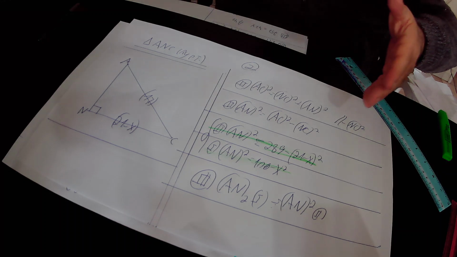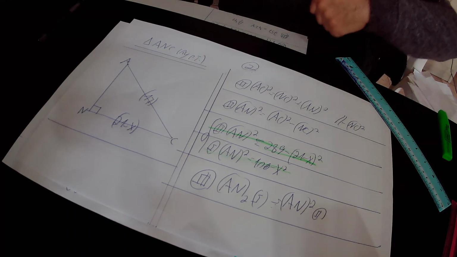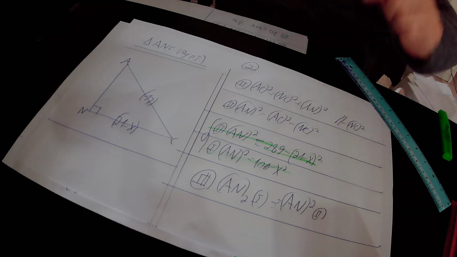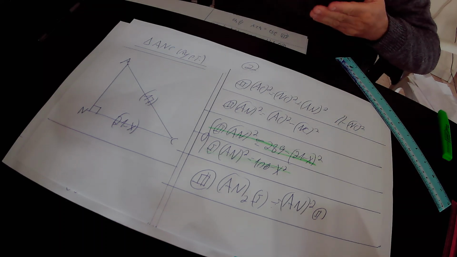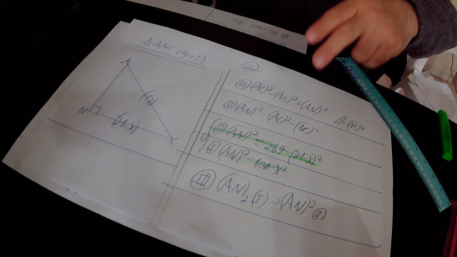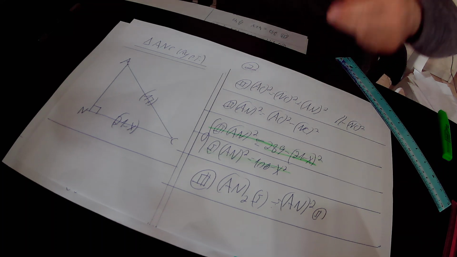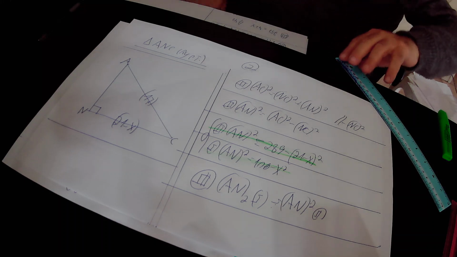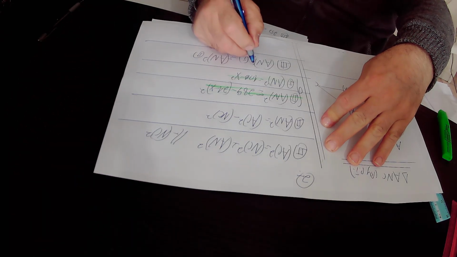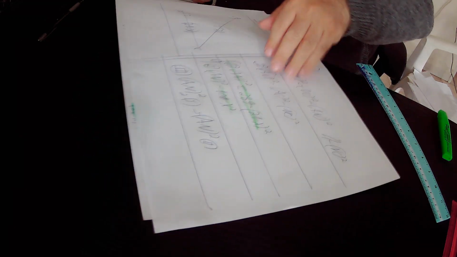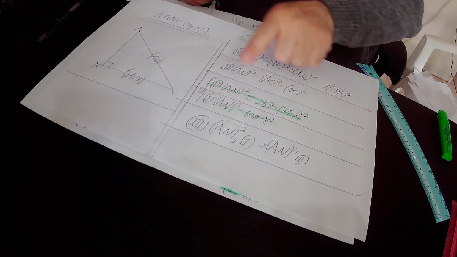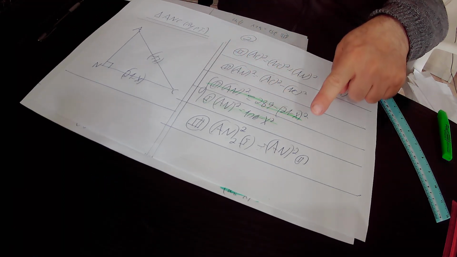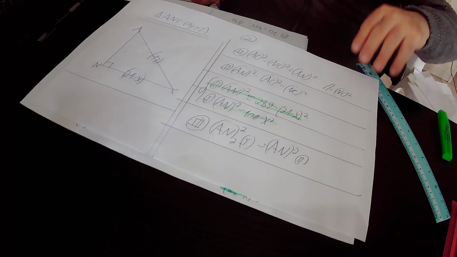This is according to equation 2, while according to equation 1, we have found out that AN square equals 100 minus x square. So here we have two different expressions for the value of AN square. Therefore, we get equation 3, which states that AN square according to equation 1 must be equal to AN square according to equation 2.